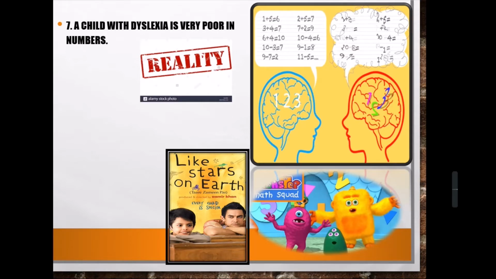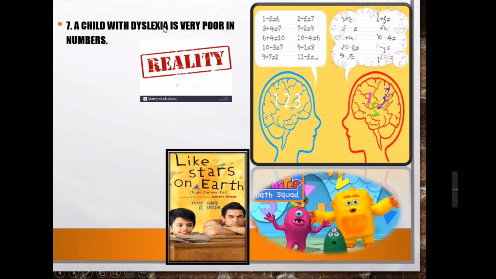Great, that's reality. As you can see here in the picture, if you are a normal child with a normal brain, this is how you think and you look at numbers. 1 plus 5 is 6, 3 plus 4 is 7, 2 plus 5 is 7, 7 plus 2 is 9, and so on and so forth.